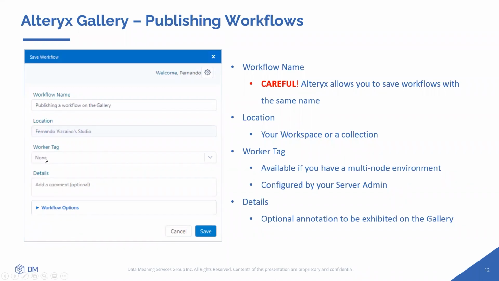Then maybe you have a worker tag here because this server has more RAM, this server has more number of cores. And then since you know that this is more core intensive, then that's something that you can select. But of course, this is configured by your administrator, your server admin. And if you have this grayed out, that means that you don't have this enabled for your server or for your user, okay?